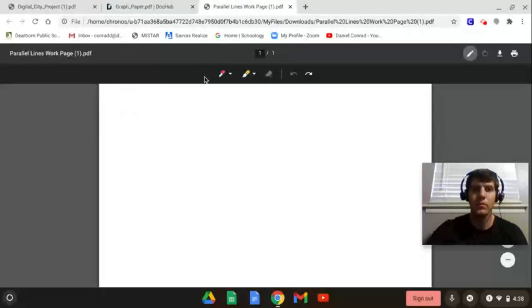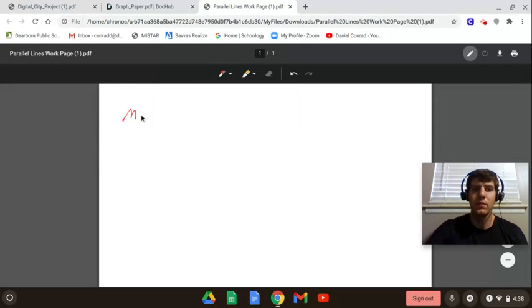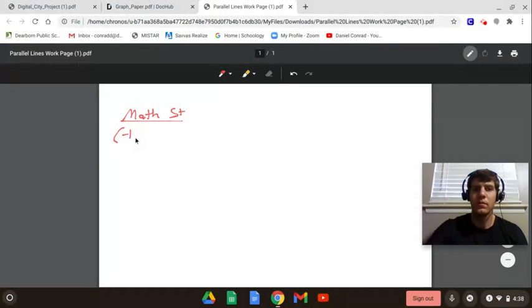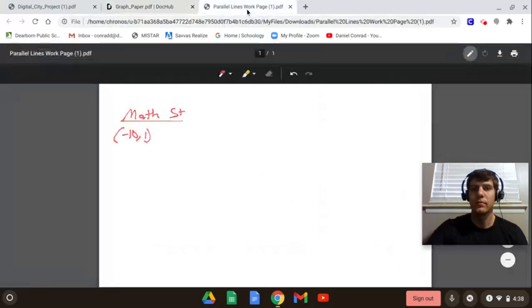So on my paper over here, I'm going to put Math Street. And the 2 points on that line I have are (-10, 1) and the other point I had over here was (10, 5). Okay, and so we need the equation of that line.